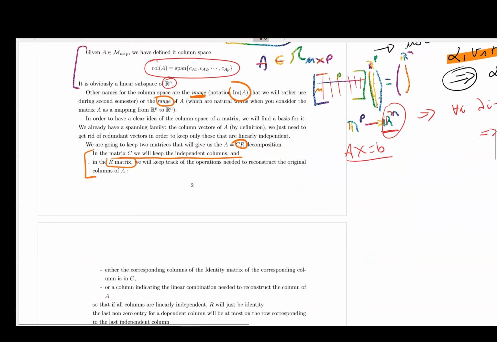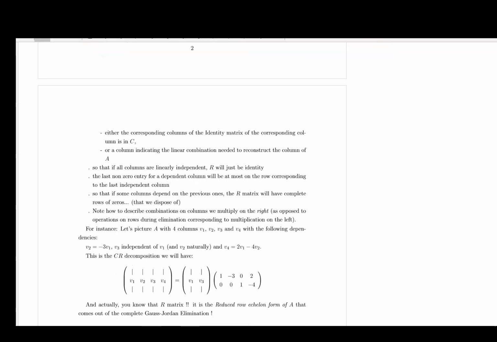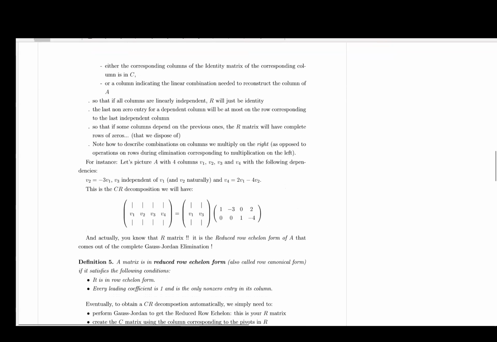Okay, so what does that mean? Either your corresponding column is one you have just selected as one of these linearly independent columns.